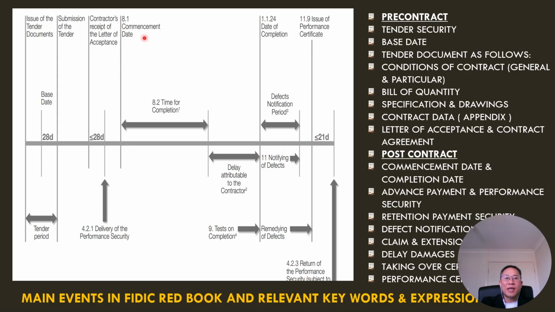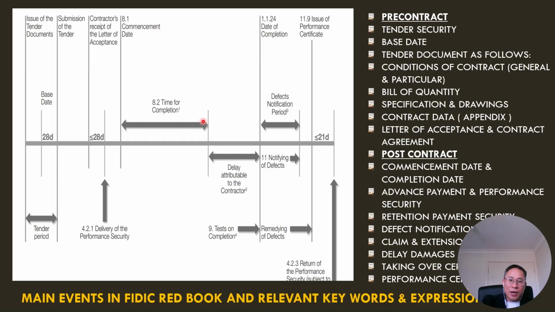So moving forward, after the contractor receives the letter of acceptance, or LOA, and has submitted the performance security, work commences on site, or we can say the commencement day. Commencement day is the day work starts on site, and usually the commencement day will be recorded in our letter of acceptance. And the term for completion here is the term that the employer requires the successful tenderer, or from now on we will say the contractor, to complete the project.